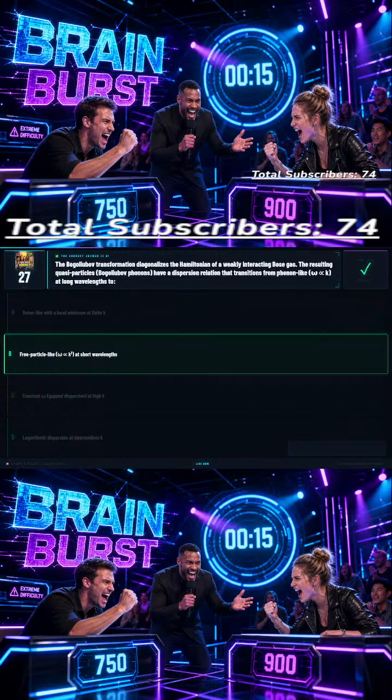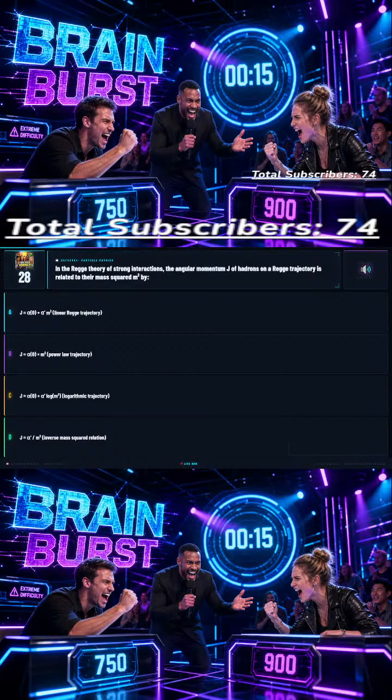Time's up. The correct answer is B, free particle-like, omega proportional to k squared, at short wavelengths. Question 28. In the Regge theory of strong interactions, the angular momentum j of hadrons on a Regge trajectory is related to their mass squared m² by Option A, j equals alpha_0 plus alpha' m squared, linear Regge trajectory.